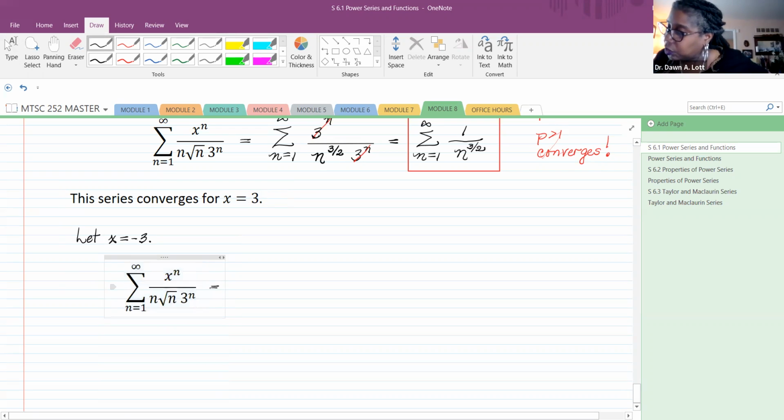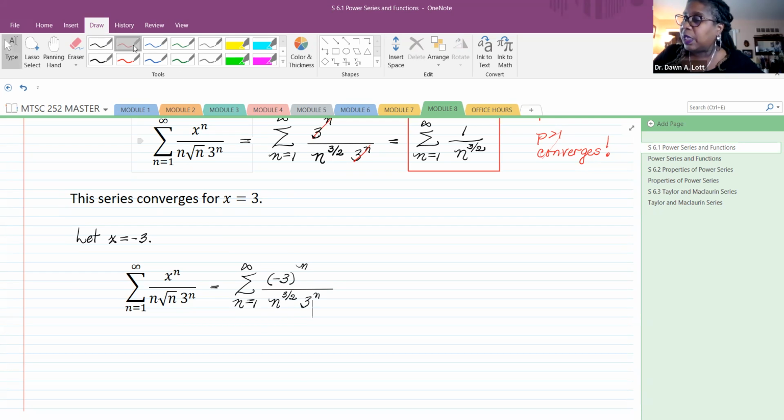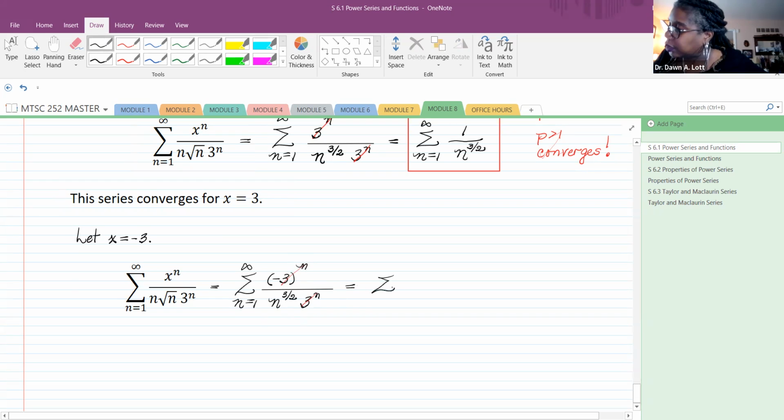So put in x equal to -3. So I get (-3) to the n divided by n to the 3/2 times 3 to the n. And the 3 to the n still cancel again, but the (-1) to the n stays.